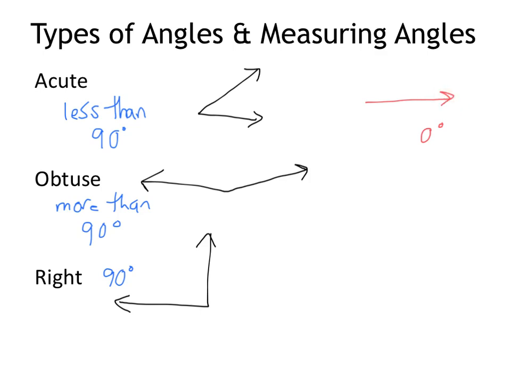You would say 0. They're stacked right on top of each other. So degrees, though, we measure the amount of turning. So for instance, this is a 180-degree angle. See, I have a ray here, and then I did a half of a turn.